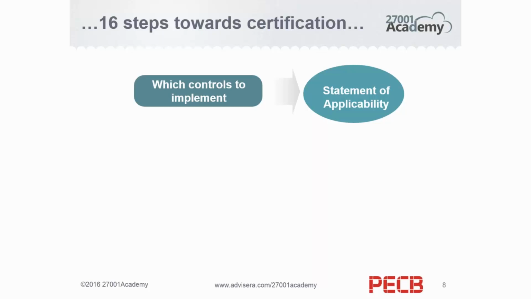Based on the results of the risk assessment and the list of requirements, you should decide which of these controls are applicable and which are not, and you have to list all 114 controls and define which one is applicable and which one is not.